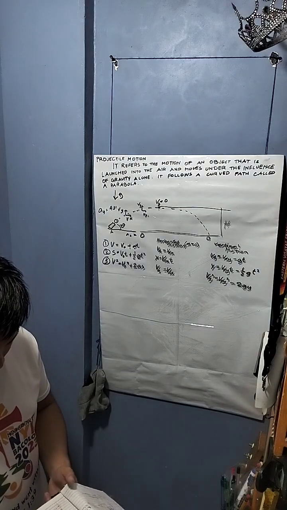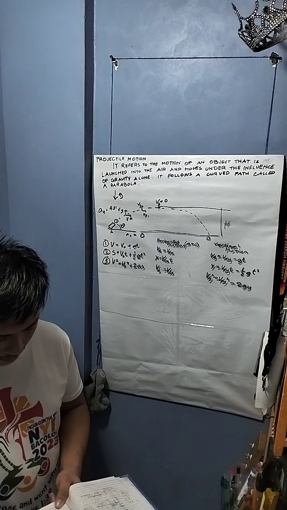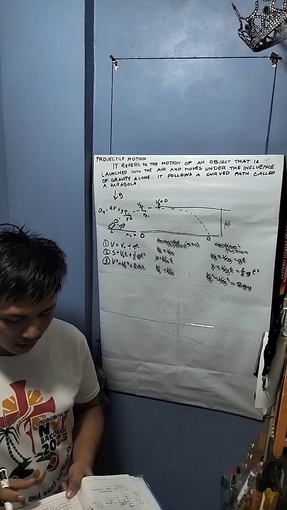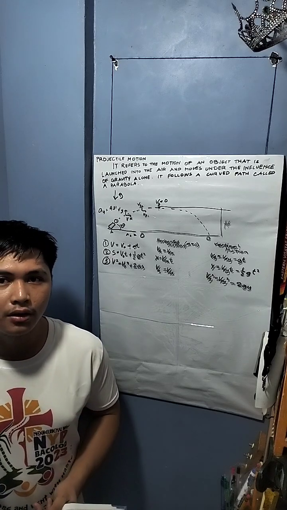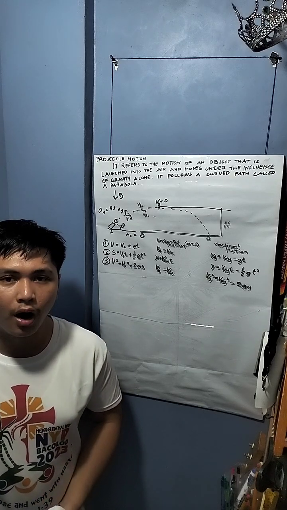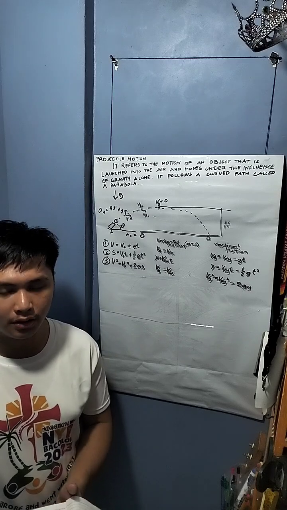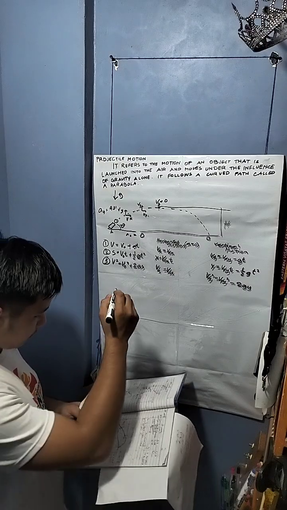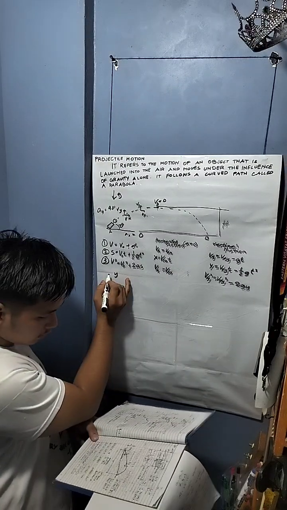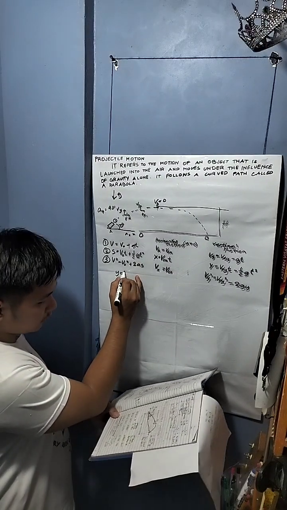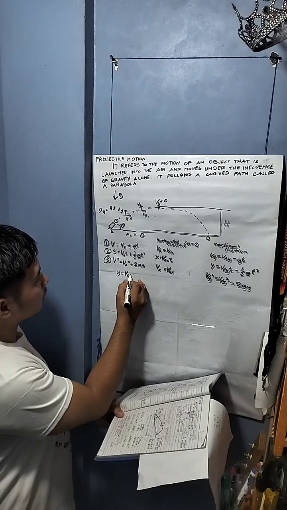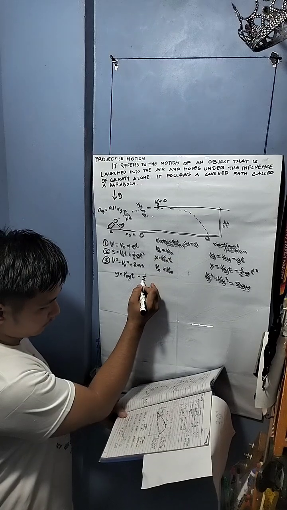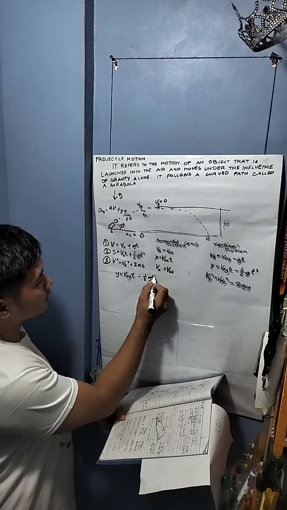Next, we are going to have another formula using this equation here so that we can find the distance y, or the component y, easily. Let us say y equals V naught y times time minus 1/2 gravity times time squared.